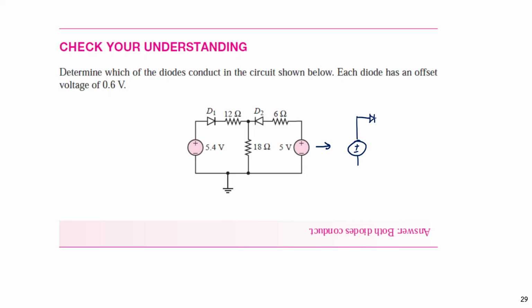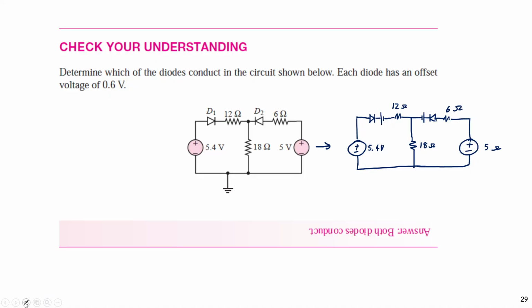So the diode will be with 0.6 volt here, and then this diode 0.6 volt here, right? This is the diode model, 0.6 volt.